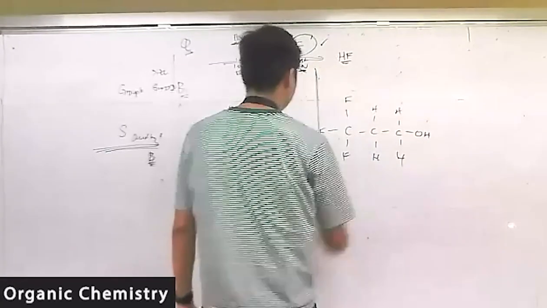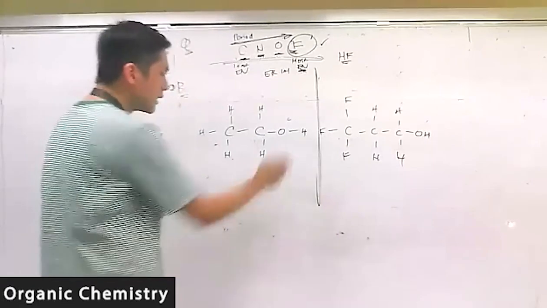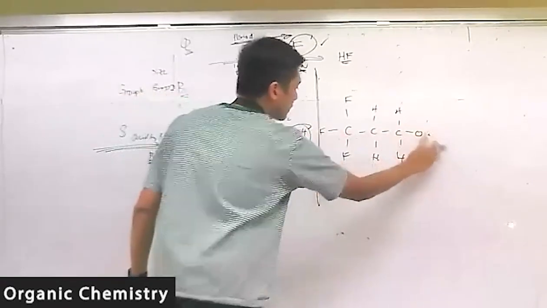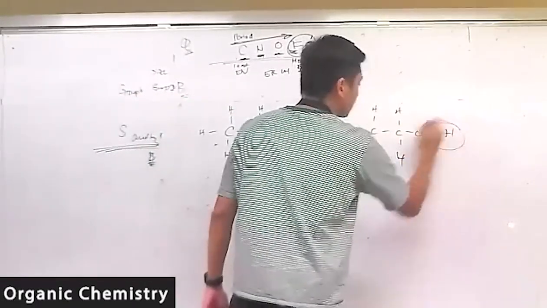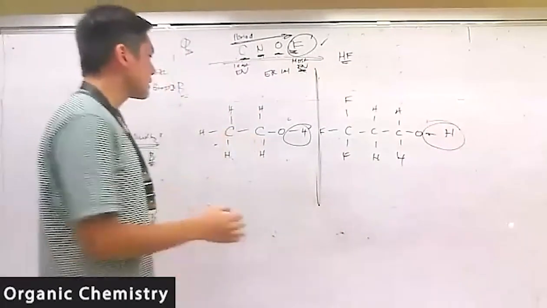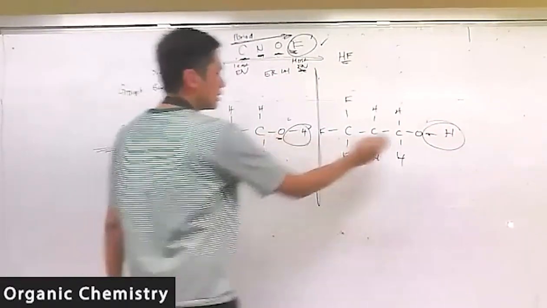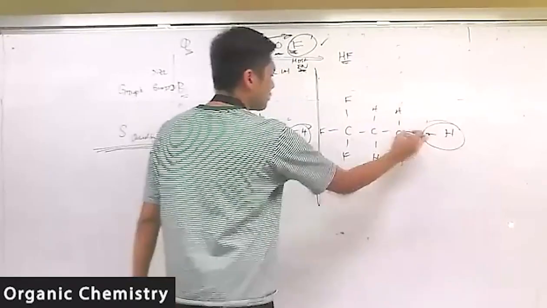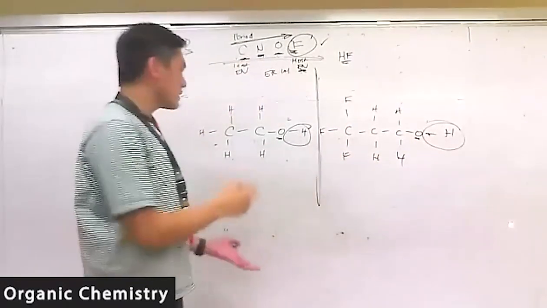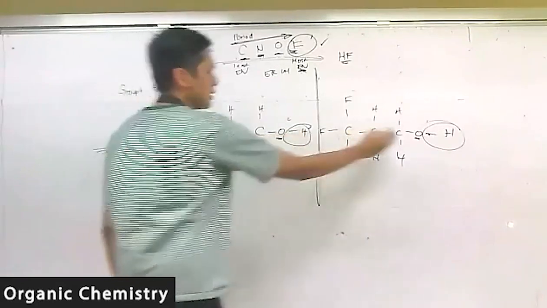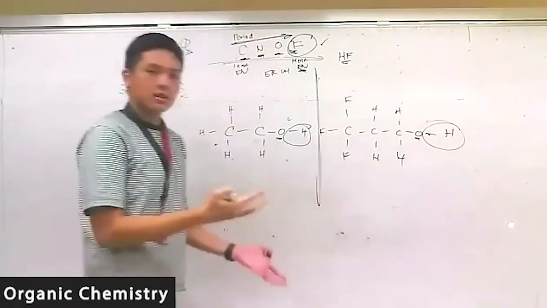Okay, so we are comparing this and this. What you learned earlier is that the O connected to the H is what we should be comparing. In this case, the O in both are the same.